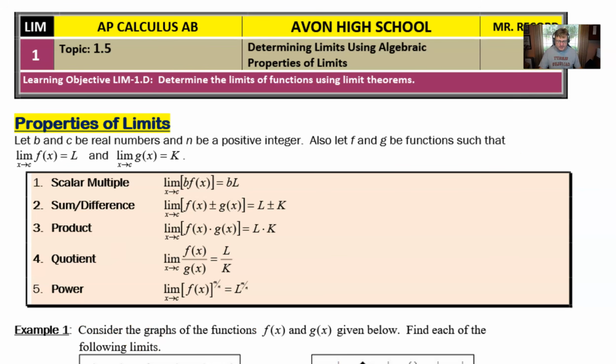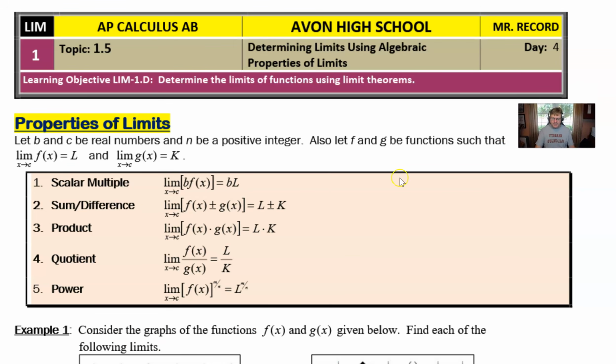We start with some properties of limits, of course, and I want to predicate these properties by saying that b and c we are going to declare to be just nice, normal, real numbers, and n has to be a positive integer.